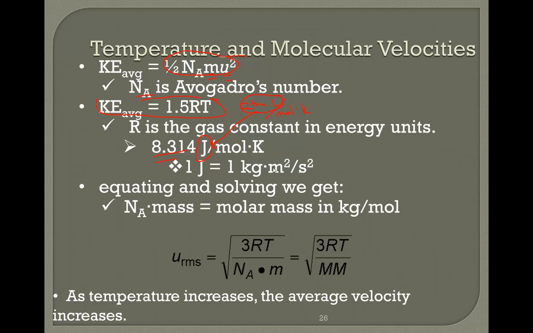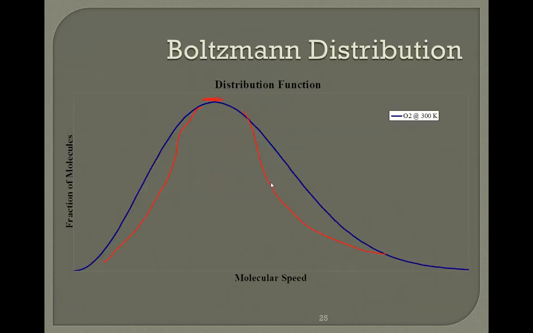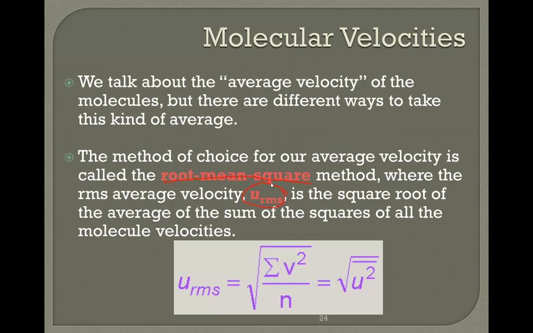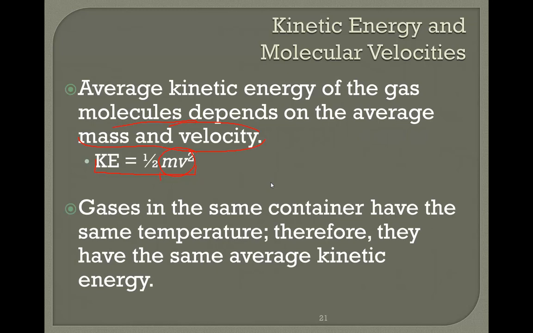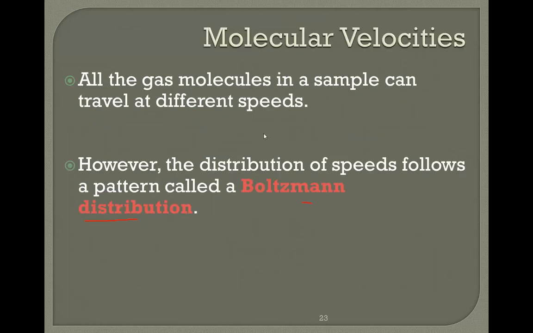Because 1 joule is kilograms meters squared per second squared. And if we remember, here we have mass and velocity squared. That's kilograms meters per second squared. So we have to be able to relate it to that unit, so we've changed the units of R to be able to do that.